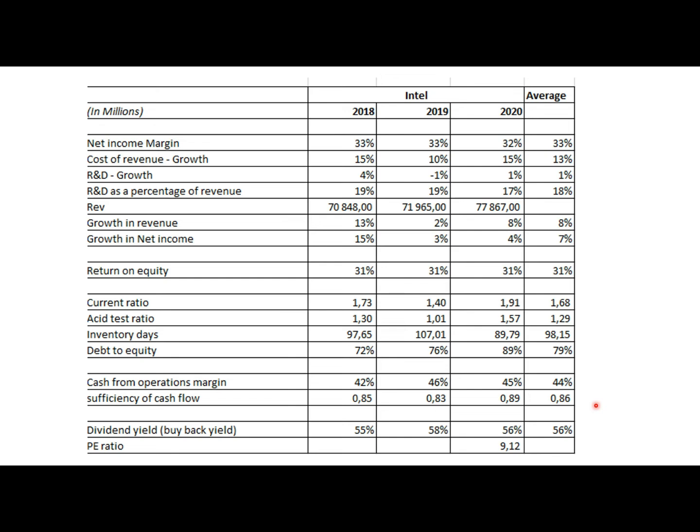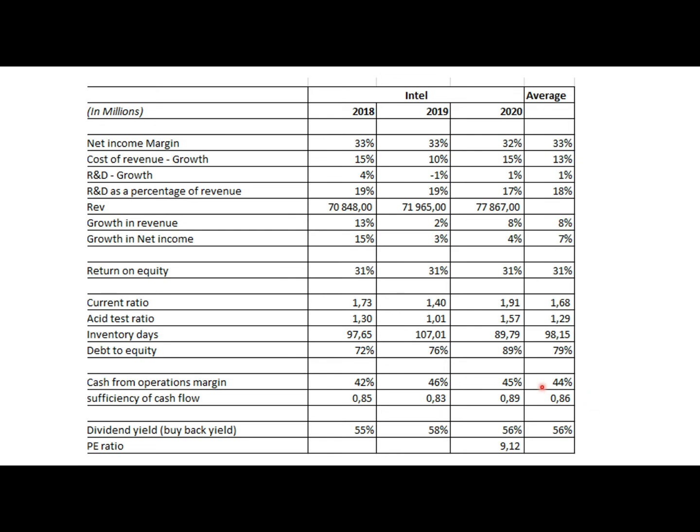That is really, really good. Sufficient cash flow is fairly stable. A lot of cash goes into returns to shareholders. It is slightly above the industry average.